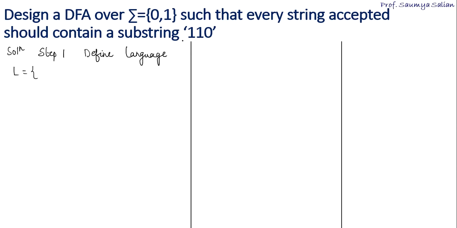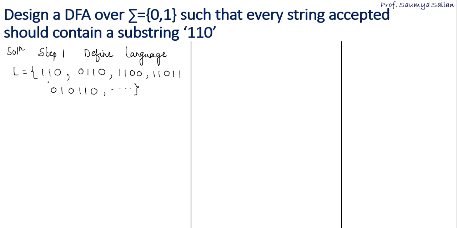Since it contains a substring 1, 1, 0, the smallest valid string possible is 1, 1, 0. Next, I can have 0, 1, 1, 0 or 1, 1, 0, 0 or 1, 1, 0, 1, 1 or 0, 1, 0, 1, 1, 0, and so on.